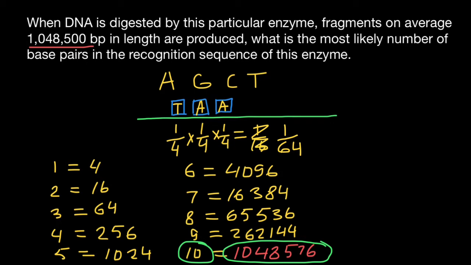Take a look at what actually happens. Imagine that this is double-stranded DNA, and let's say we have here adenine, adenine, thymine, thymine. On the other, corresponding strand of the DNA, we are going to have adenine, adenine, thymine, and thymine, because adenine base pairs with thymine.